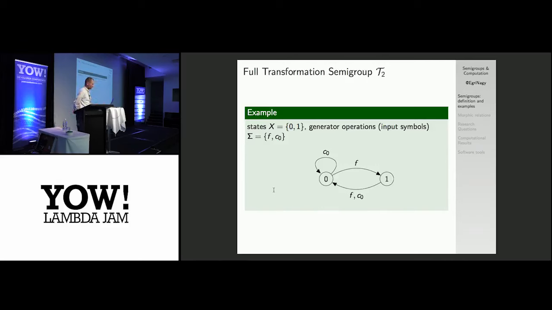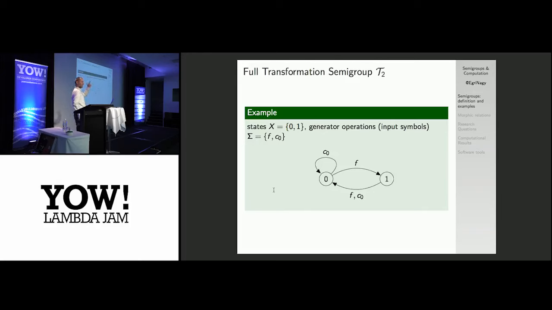So here's another one, still with just 2 states, and that's the full transformation semigroup. What I did now is I'm not showing all the arrows, because some of them can be guessed. I have the flip operation, and if I do the flip twice, that's the identity, okay?